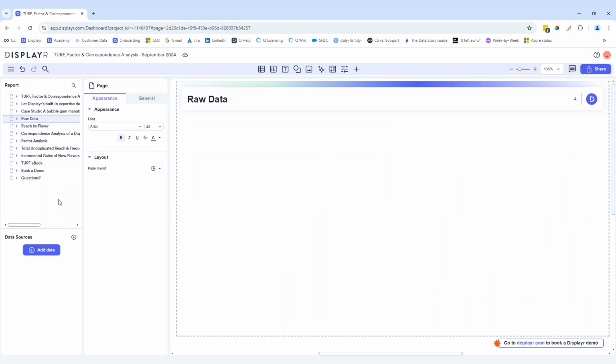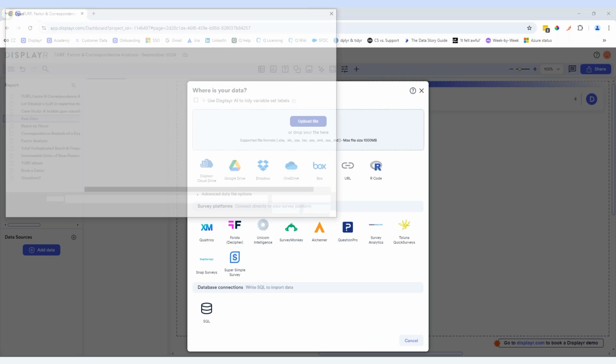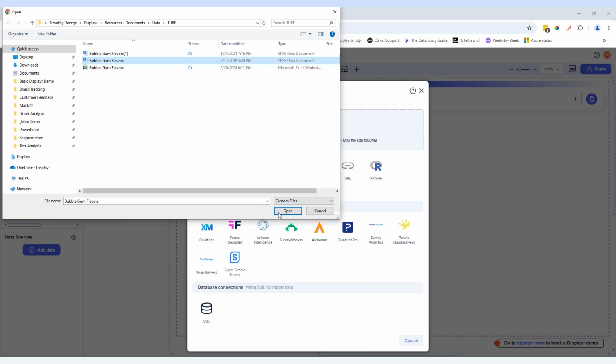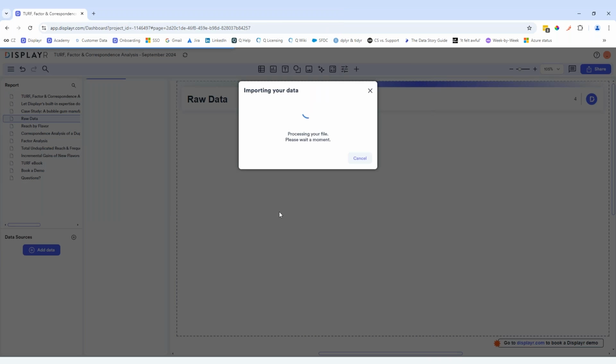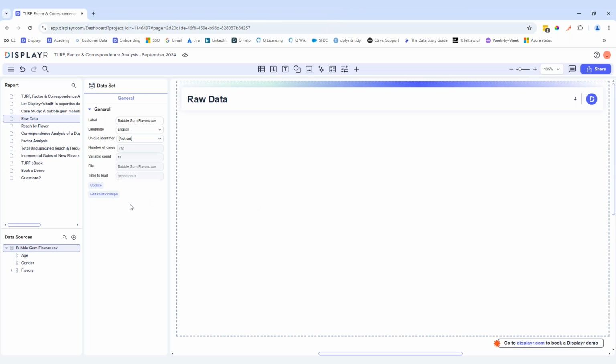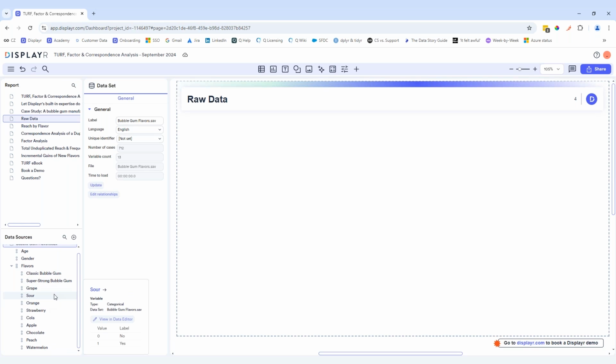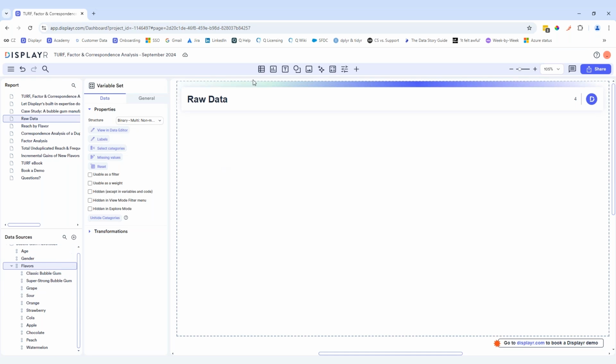I'll start by adding a data file with 712 respondents. In the survey for this data set, we asked respondents which of these 11 bubblegum flavors they liked, and respondents could pick multiple flavors. Let's take a look at the raw data.